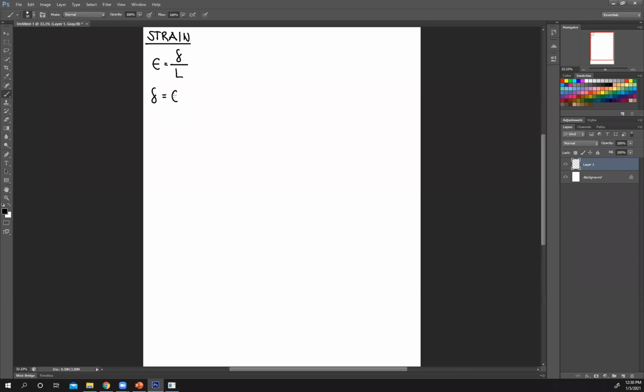Elongation now is just strain times original length L. Now, for strain, since we're inside the elastic region, I can use Hooke's law, where stress is equal to modulus of elasticity times strain.